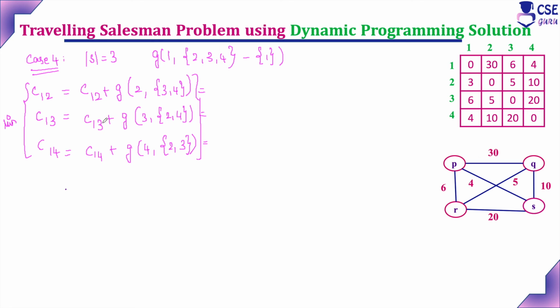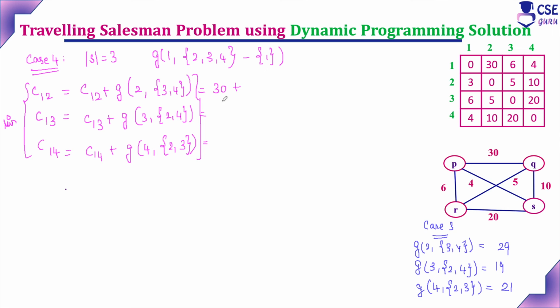So if we are considering C12, cost is 30 plus G of 2,3,4. For this we need the reference value from case 3. C12 cost is 30 plus G of 2,3,4, whose cost is 29. So here we will get 59.